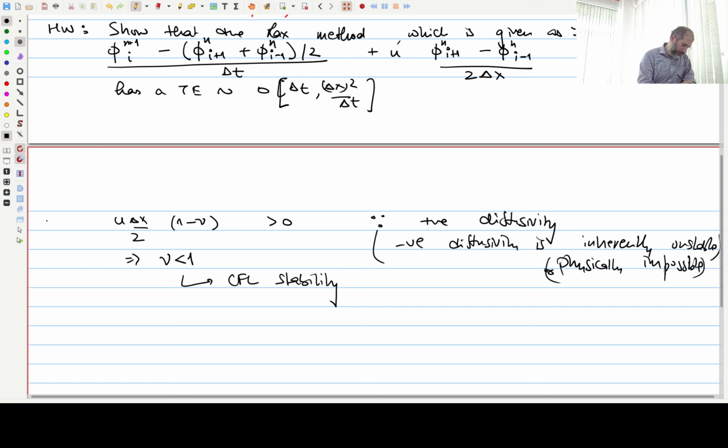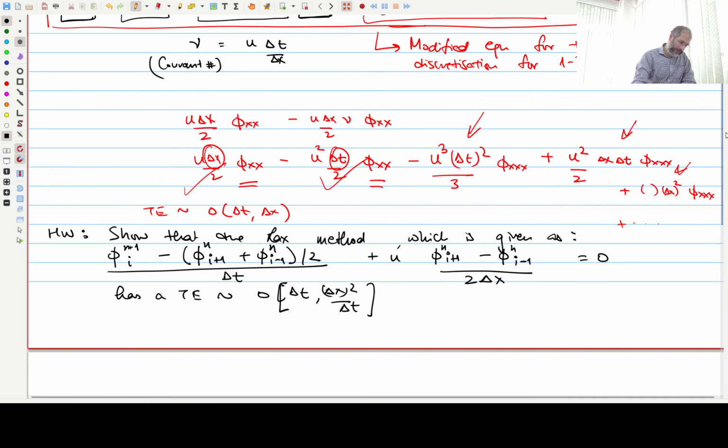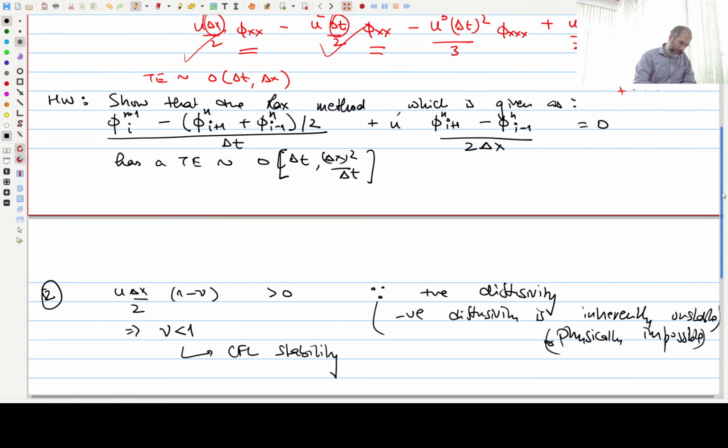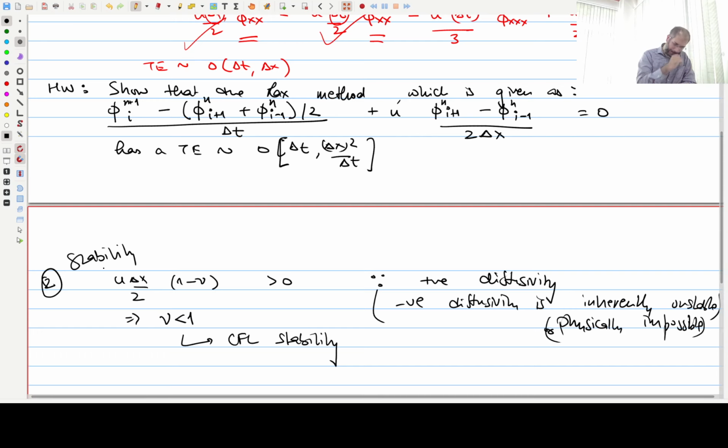So we'll call this 2. Okay, so 1 was the truncation error information, and 2 is the stability. So let's add the stability part as well to this homework problem.